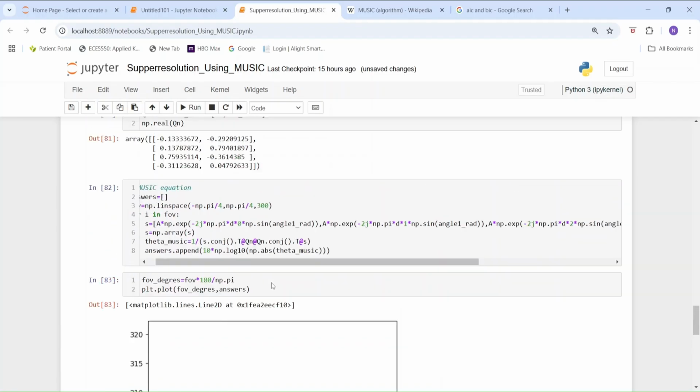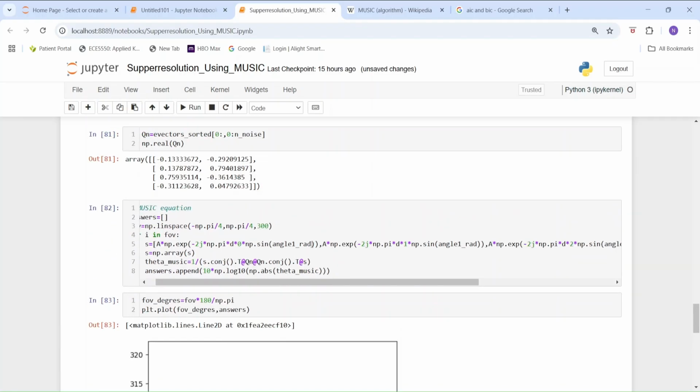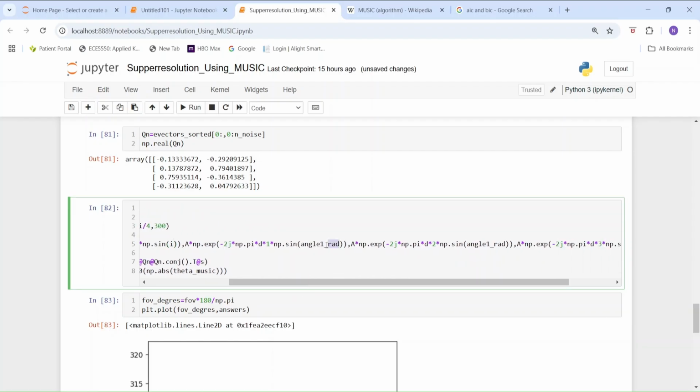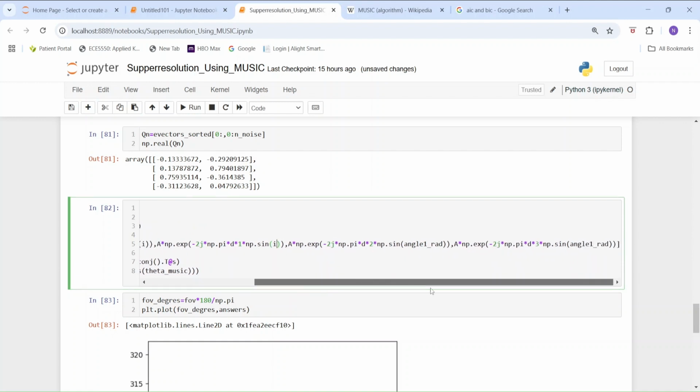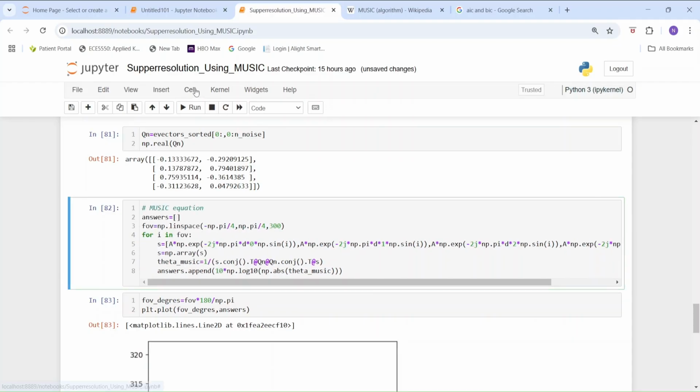So this is a flat line. What is the reason? Because I have not changed this value here. This is going to be i. So for each of these angles, we are going to calculate the steering vector and then calculate the theta music. So you have to be careful, not like me. I have to change this to i, because we are doing iteration here, right? And then let's run it.